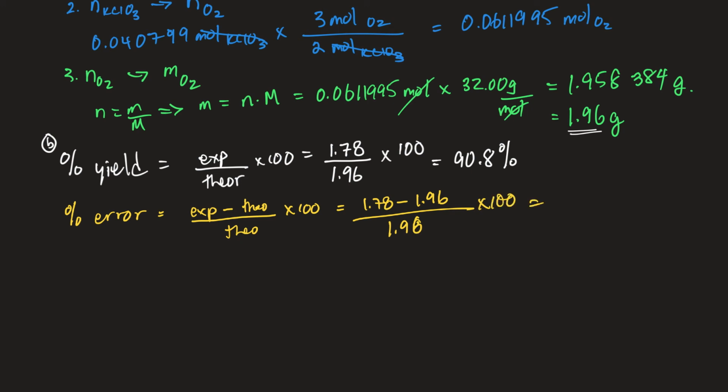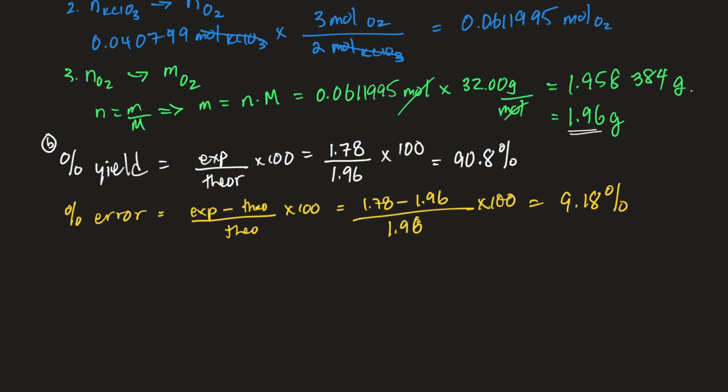Calculator. Okay. 1.78 minus 1.96 equals, divided by 1.96 equals, times 100. 9.18. Let's call it 9.18%. So that's my percent error.